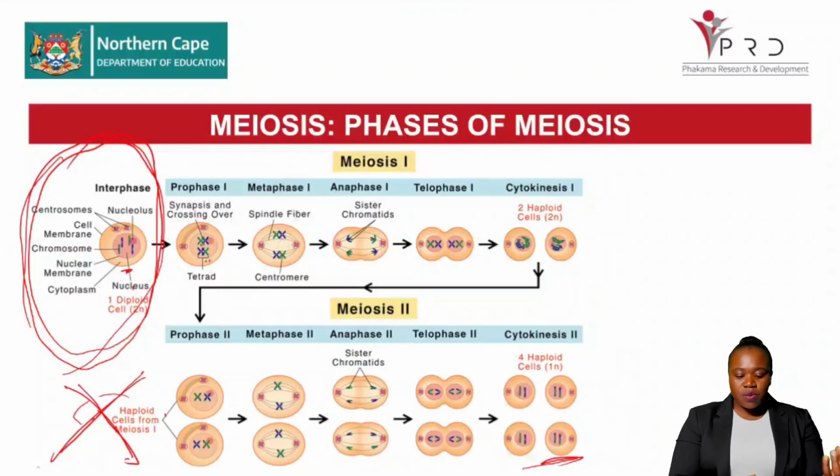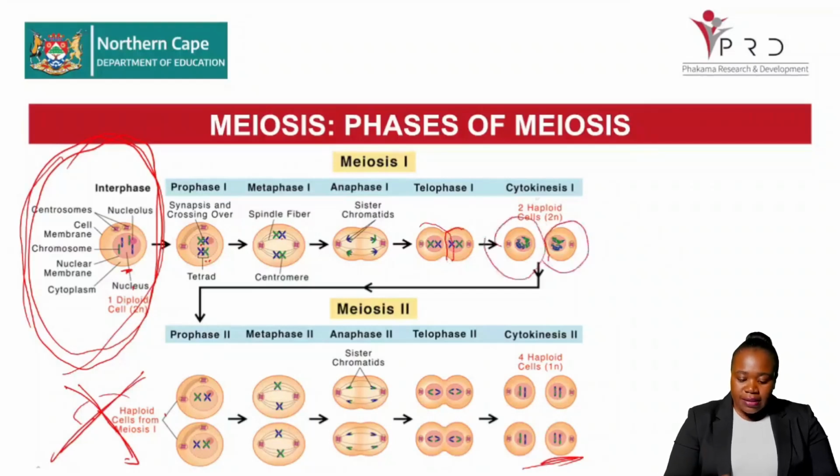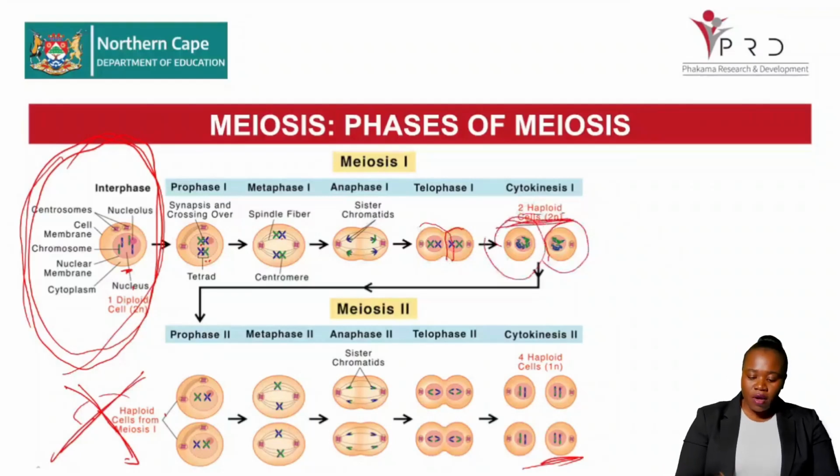In telophase, the division of the cytoplasm takes place, and the chromosomes are now in distinct cells. In cytokinesis, we can see the two haploid cells. Remember, when the separation happens here, the chromosome number is halved. Now we have N, and we do not have 2N anymore.